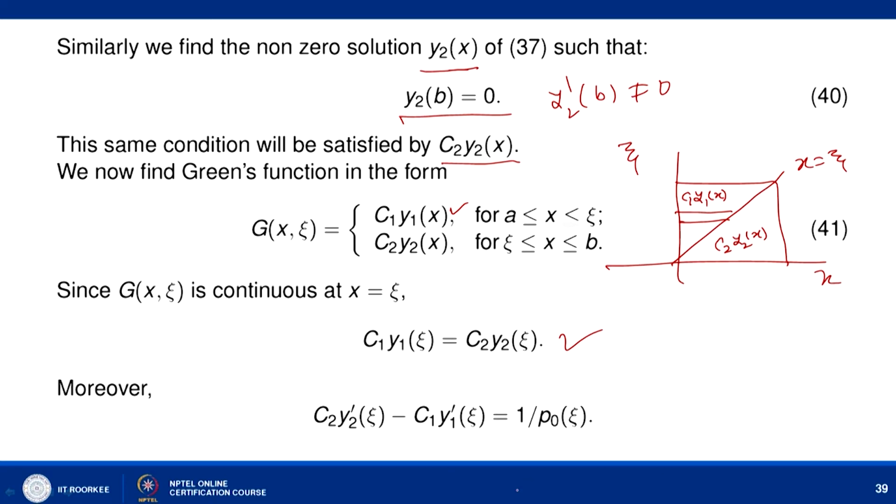Now, we also assume that ∂g/∂x is continuous in the triangle, but has a jump discontinuity at the diagonal, that is x equal to xi.